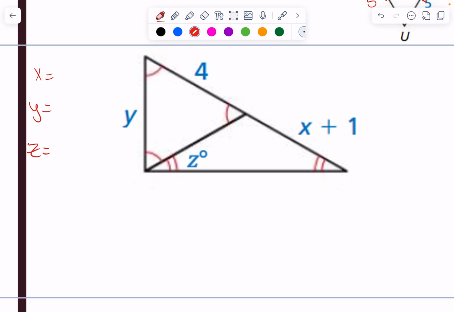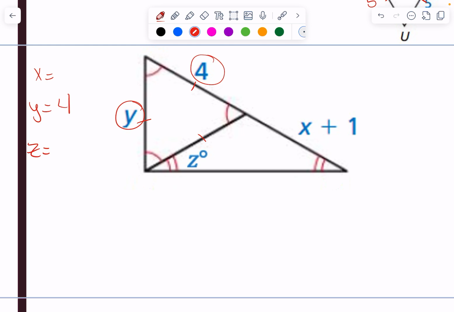Now, you start off and look and see: is there a measurement we know? Well, the first thing I know is that since the three angles in this triangle on the top are equal, all three of those sides also have to be equal. Therefore, since this side is 4, y also has to be 4.